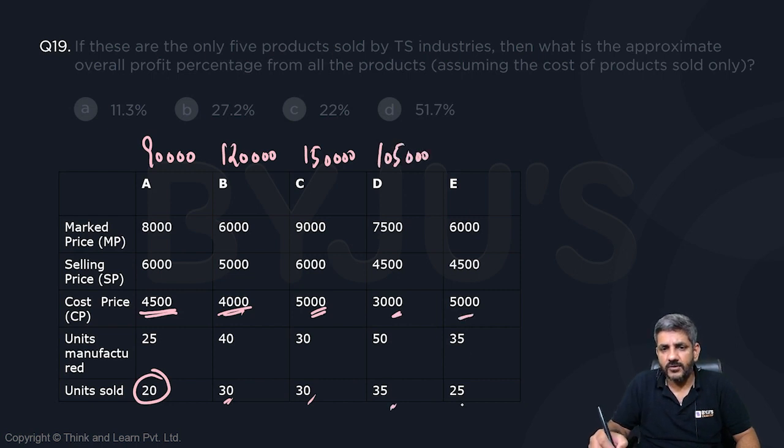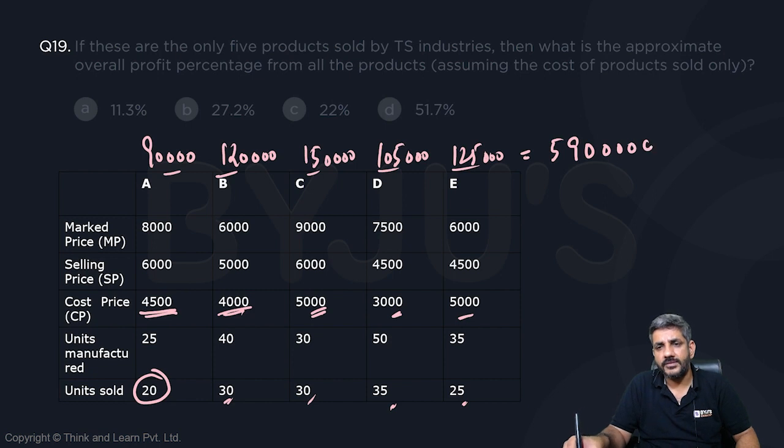And lastly, 5,000 into 25 is 1,25,000. If I add all of them, it gives me 21. 21 plus 15, 36. 36 plus 10.5, 46.5. And 58.5 plus 0.5, it is 59 lakh rupees, right? It is 59 lakh rupees which is there for us.